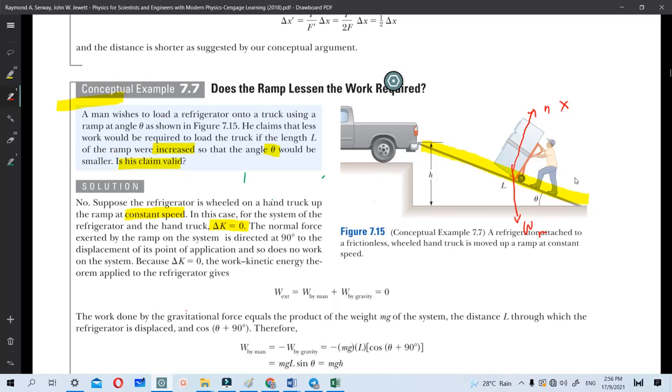And work by gravity is equivalent to something you have seen earlier, mg sin theta. So this is the work by gravity. On the other hand, this man is applying force parallel and in the same direction as the motion.